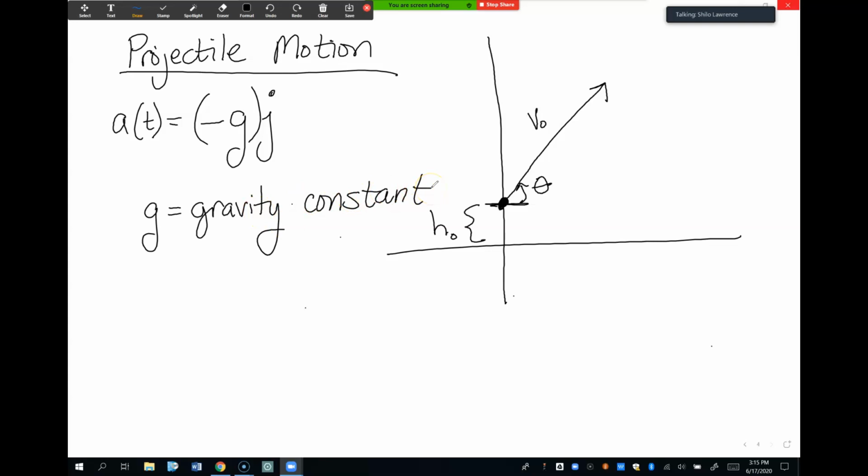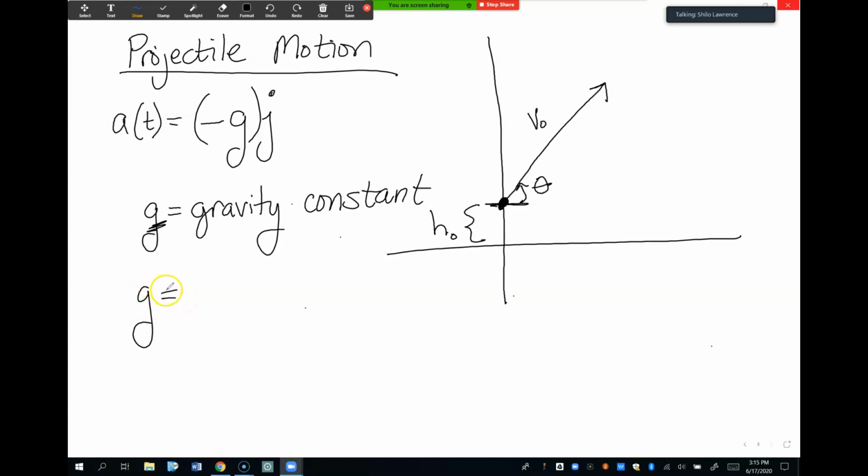Under ideal conditions, if you disregard all the extra little crazy stuff that could go on, the only thing that should be affecting us on the surface of the Earth is that acceleration due to gravity is pulling us straight down at a rate of g. And g can have two values depending on what system you're working in.